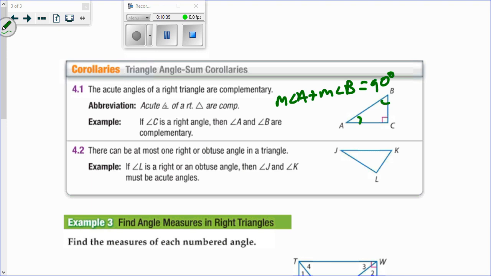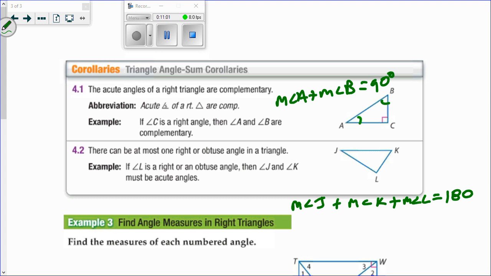There can be at most one right or obtuse angle in a triangle. Well, does that make sense? Well, certainly. If all three angles sum, measure angle J plus measure angle K plus measure angle L, all of these angles sum to 180 degrees.